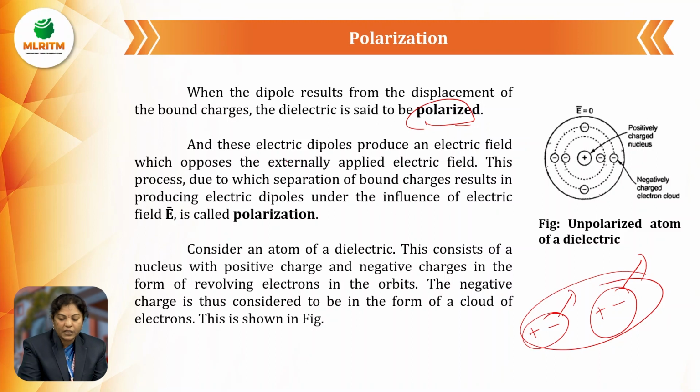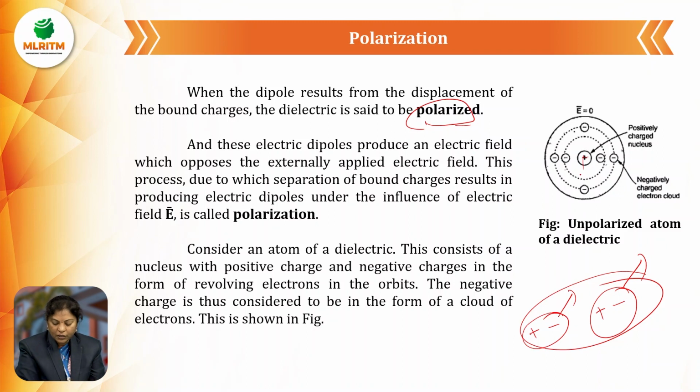These electric dipoles produce an electric field which opposes the externally applied electric field. This process, due to which separation of bound charges results in producing electric dipoles under the influence of external electric field, is called polarization.